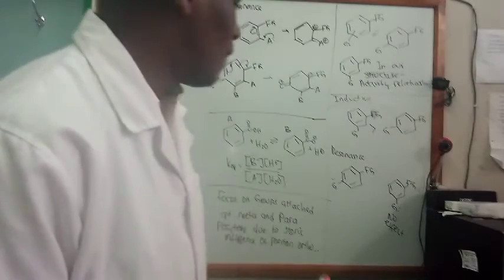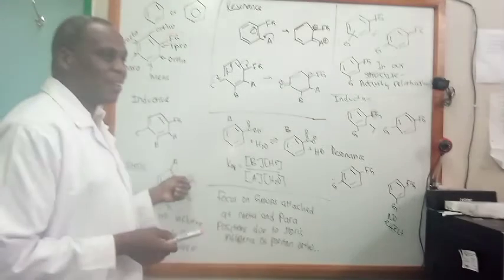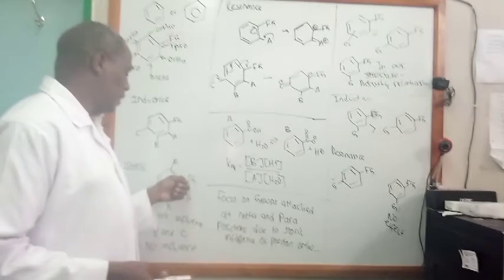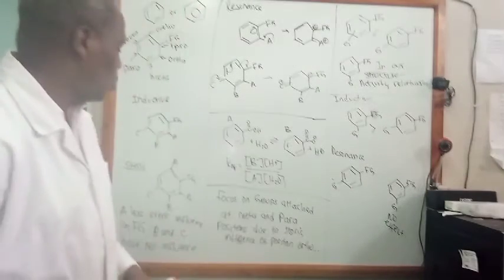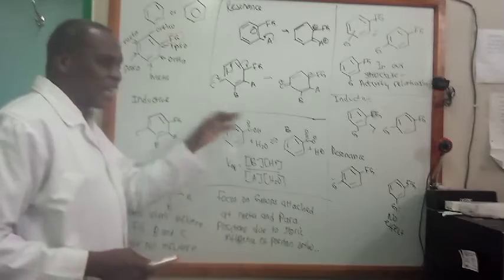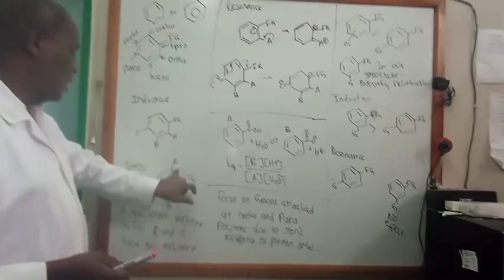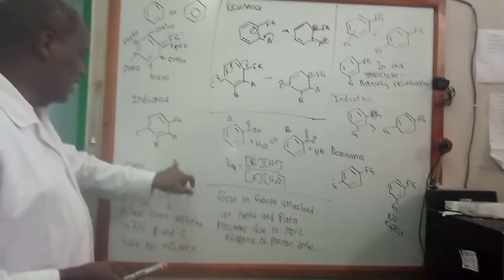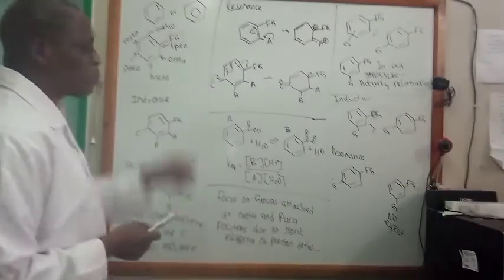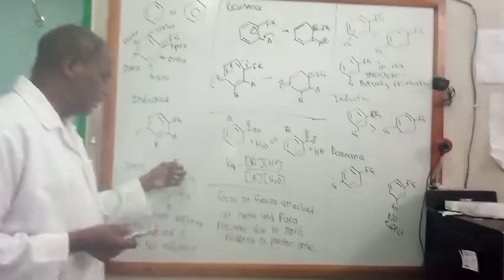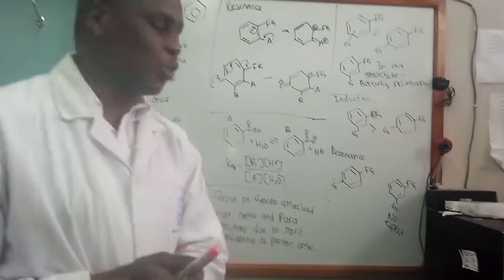Assuming it was something like a hydroxide group, then it may prevent a base from abstracting a proton from the OH or something like that because they are crowding around the functional group. So sterically, the groups at position A, or the ortho position, are going to have an influence on the functional group.